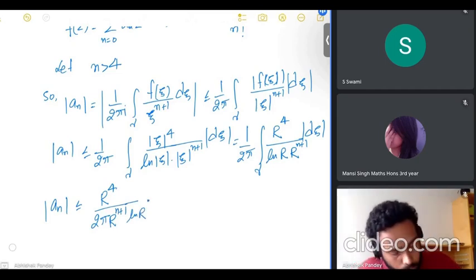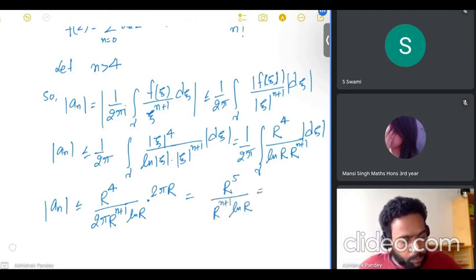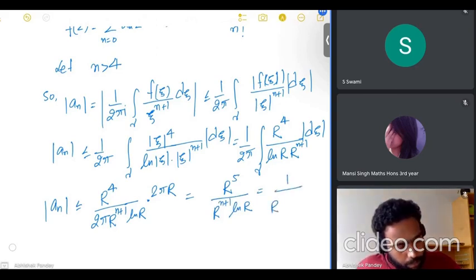So this is nothing but r to the power 5 upon r to the power n plus 1 ln r. So this will be 1 upon r to the power n minus 4 into ln r.